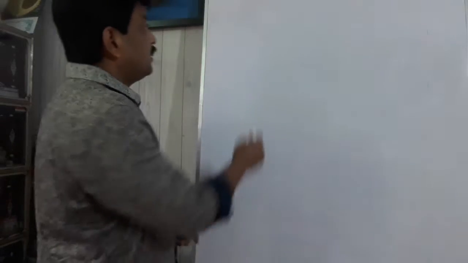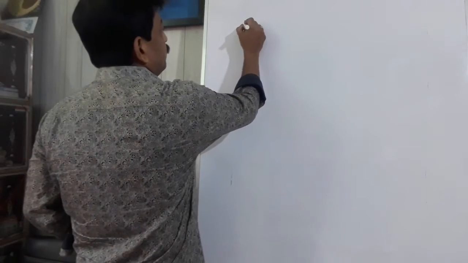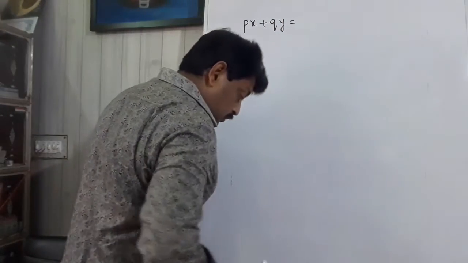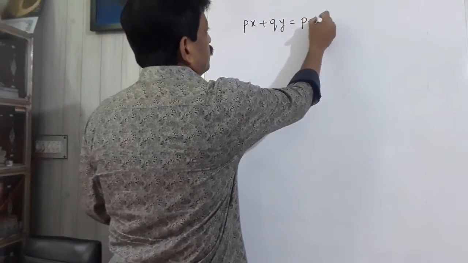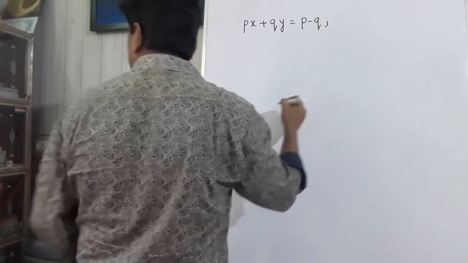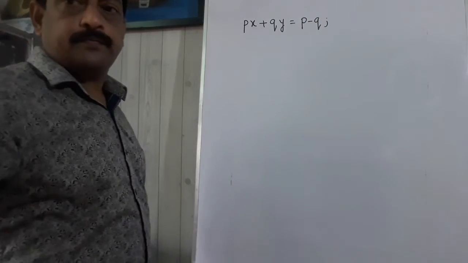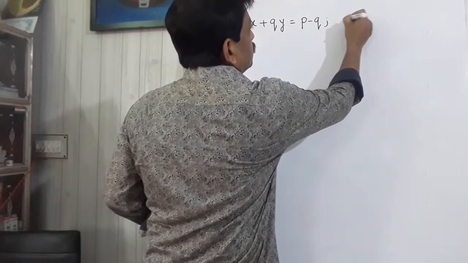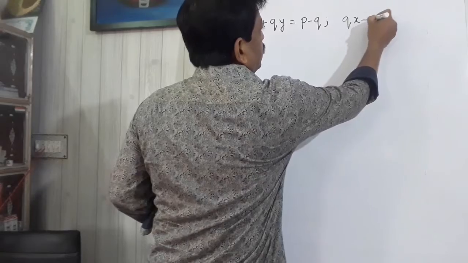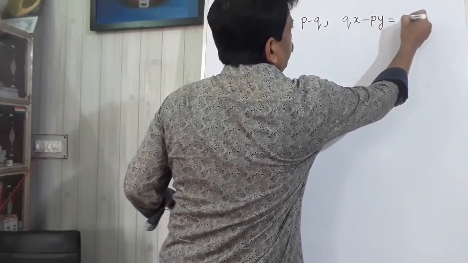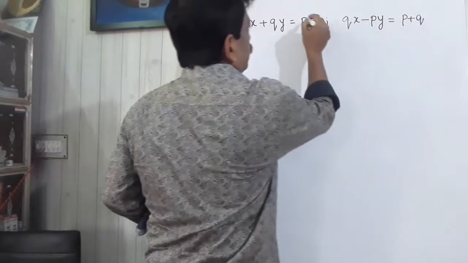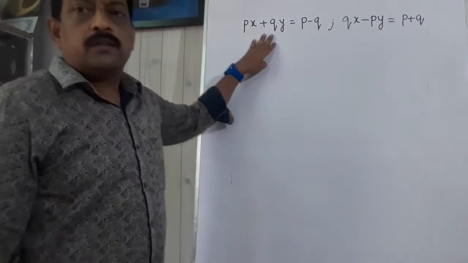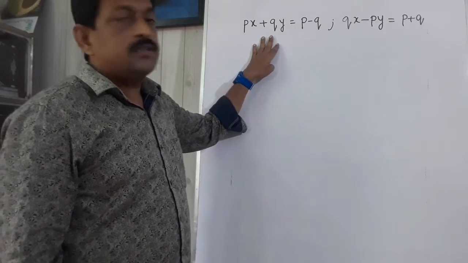The question is px plus qy equals p minus q, and qx minus py equals p plus q. So you can see the equation is not in the general form.